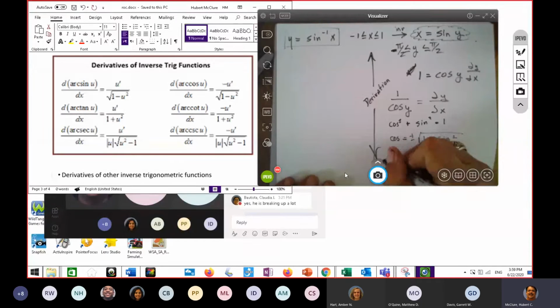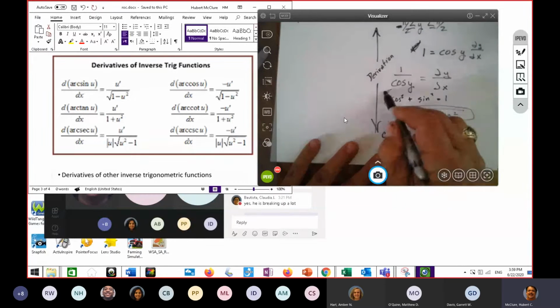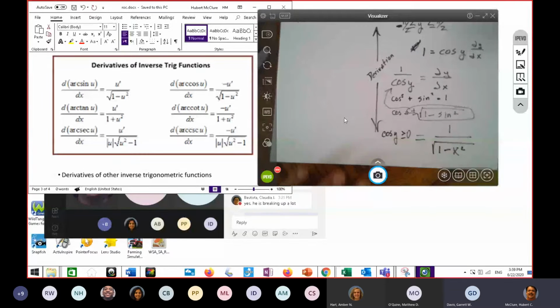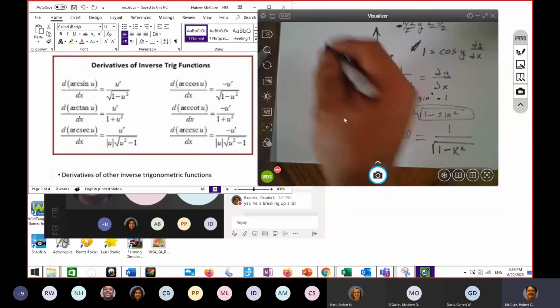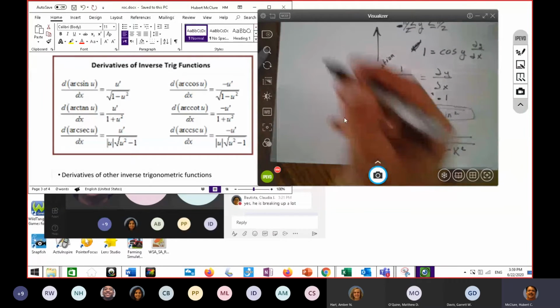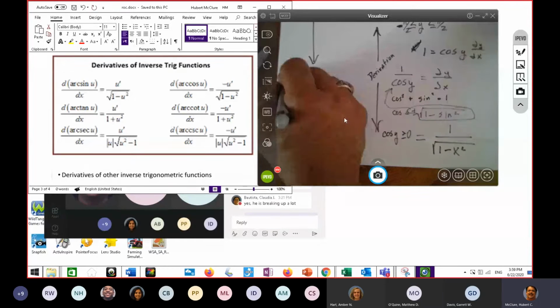So I plug the positive in for cosine, and that gives me 1 over the positive square root of 1 minus x squared, because technically the sine is x if you solve it right here. So basically, the derivative of y equals the inverse sine of x is dy dx equals 1 over the square root of 1 minus x squared. And all you're going to do is plug and chug.